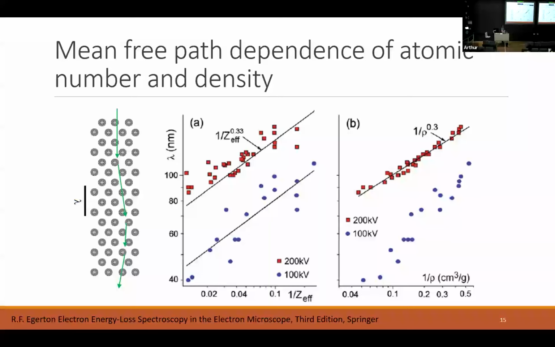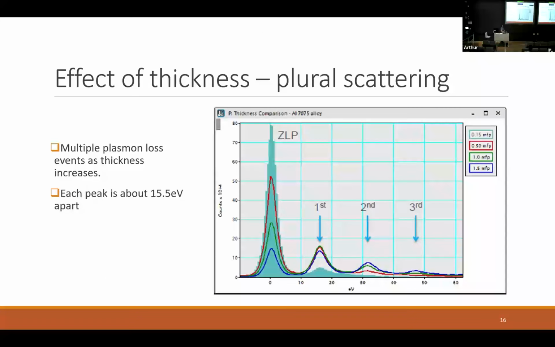And then you can also see that you've got a higher mean free path, you can go further, for a higher energy than you can for lower energy. What that means is we can start to get more interactions if we've got a shorter mean free path, actually. And if you've got more interactions, you're going to generate more features in your spectra.